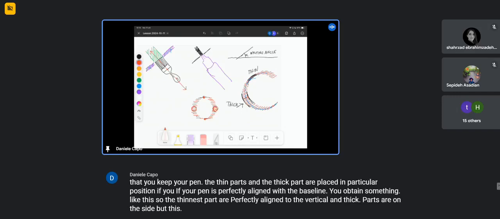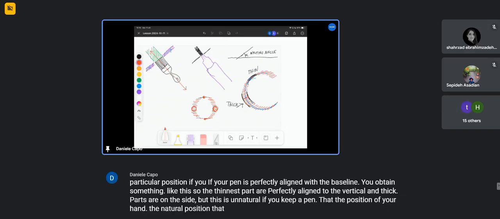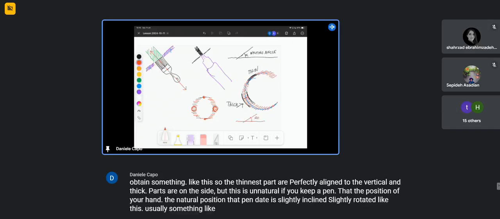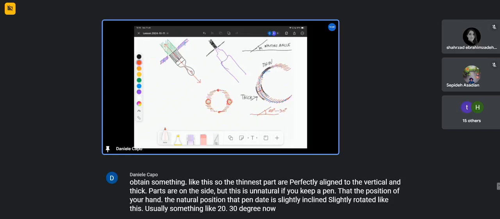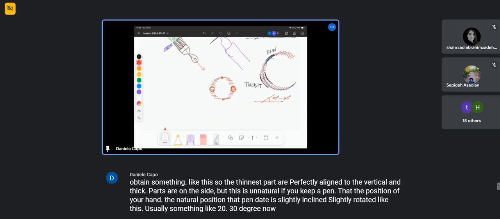But this is unnatural. If you hold a pen, the natural position that the pen takes in your hand is slightly inclined, slightly rotated, like this. Usually something like 20, 30 degrees. Now, why is this important?